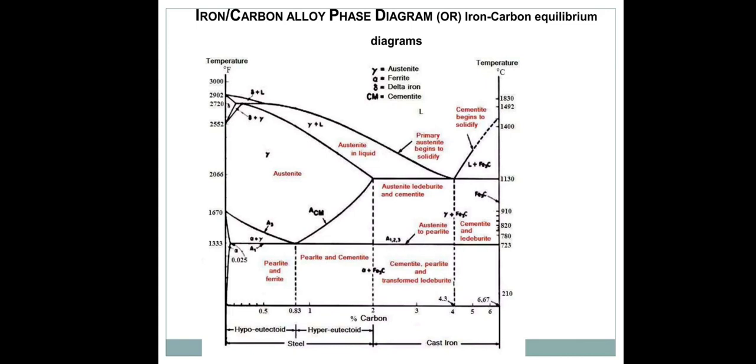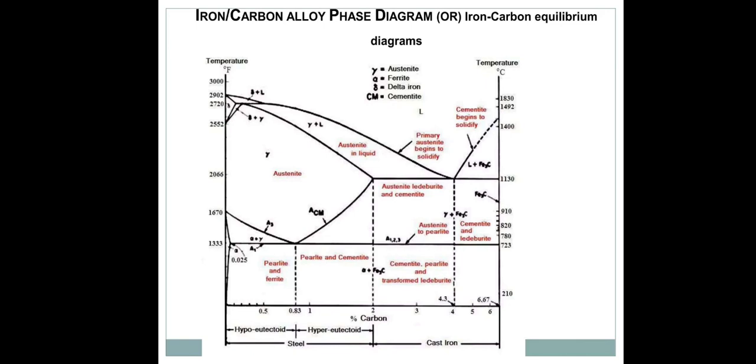This iron carbon equilibrium diagram is very useful in understanding the microstructure and properties of cast irons and carbon steels. It is also used to understand the basic difference among iron alloys and the control of their properties. The phase diagram is constructed by plotting the carbon composition weight percentage along the x-axis and the temperature along the y-axis.